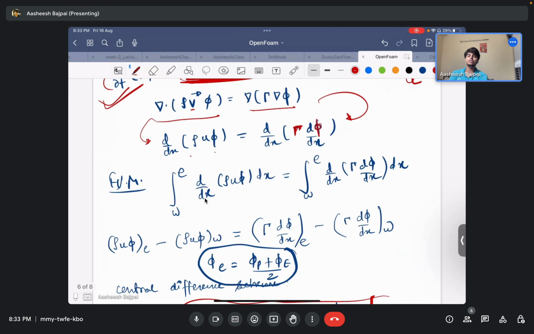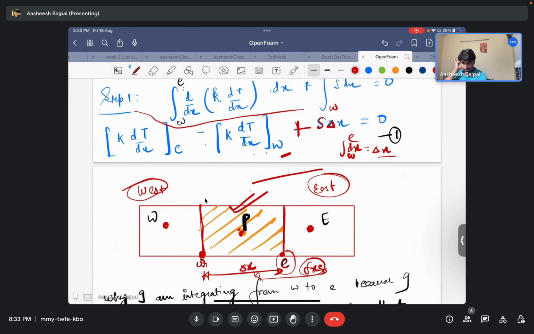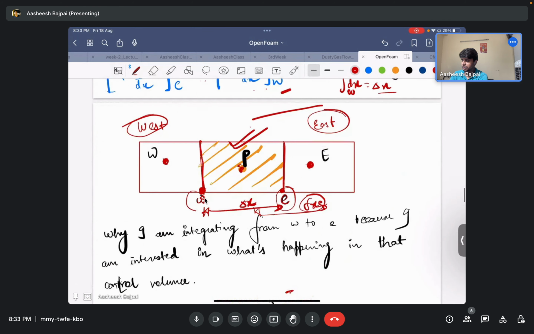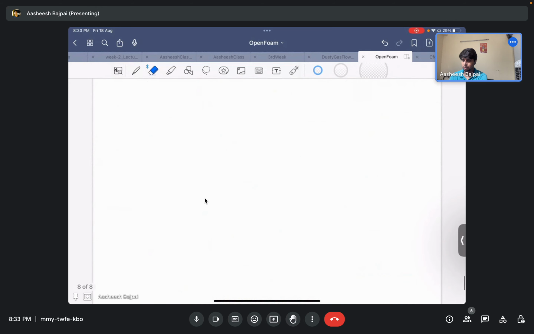So let's do the finite volume method, in which we integrate from west to east, in a similar way to what I explained here. I need to do integration from the western face to the eastern face.